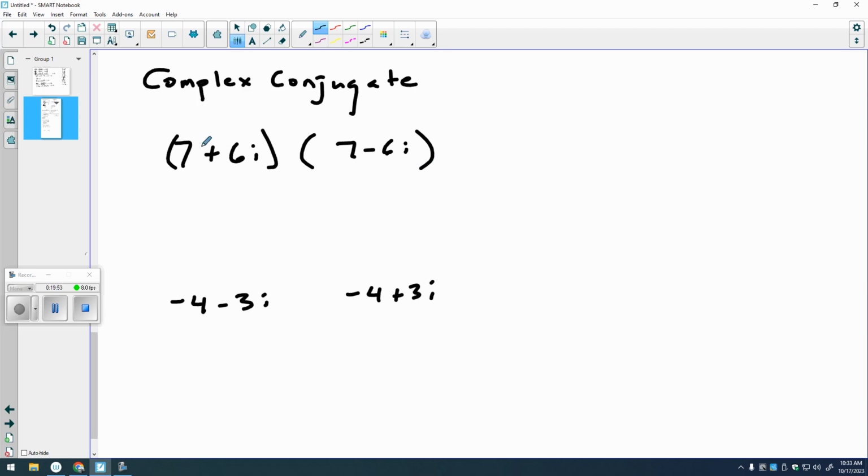So I multiply 7 times 7 is 49. 7 times a negative 6 is a negative 42. Positive 6 times 7 is a positive 42.